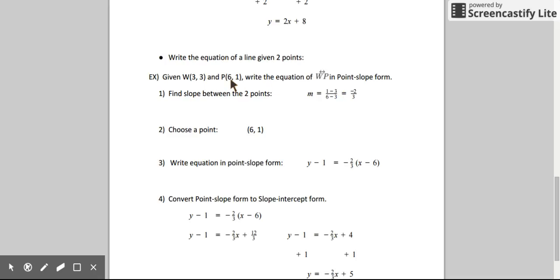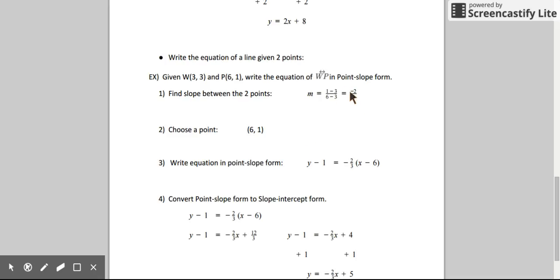On the bottom, I want to subtract my x coordinates, so I'm going to say that x2 is 6 and x1 is 3, so 6 minus 3 on the bottom. On top, 1 minus 3 is -2. On the bottom, 6 minus 3 is +3, so our slope is -2/3. We're going down 2, right 3, in between every point.